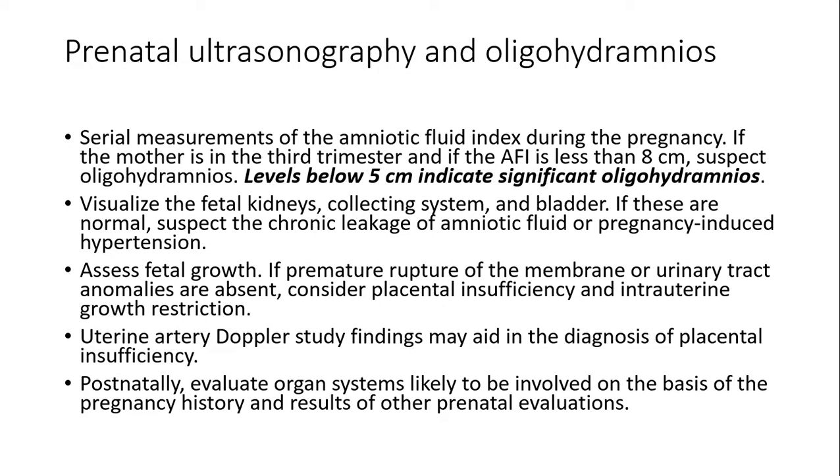So you may think that the placenta doesn't normally produce amniotic fluid, or maybe intrauterine growth restriction, which is also connected with placental insufficiency. Less oxygen and fewer necessary substances go to the fetus. While doing ultrasound, it's necessary to utilize a Doppler study, which may aid in the diagnosis of placental insufficiency.